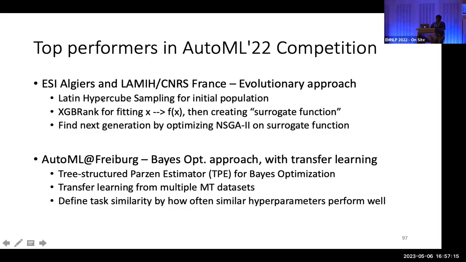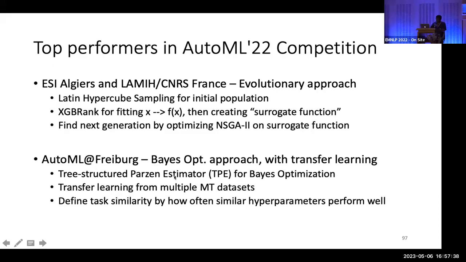For example, one team had an approach using evolutionary methods, and they used basically a decision tree ranker for fitting the surrogate model. That was kind of interesting and different.